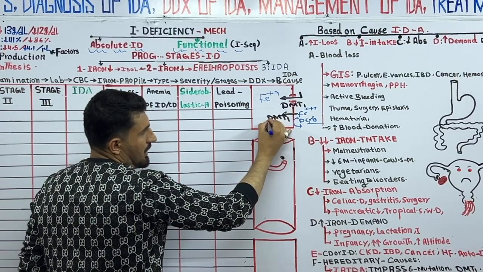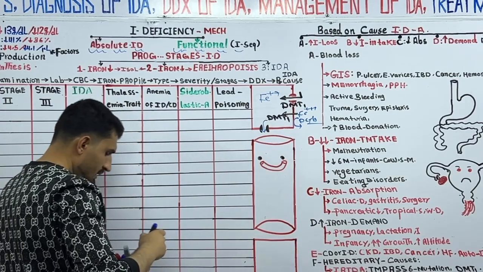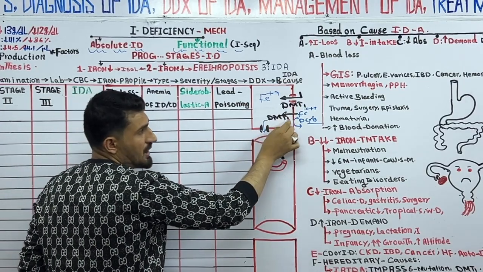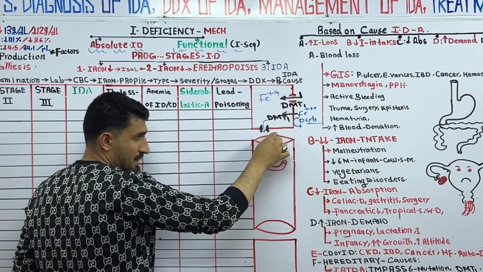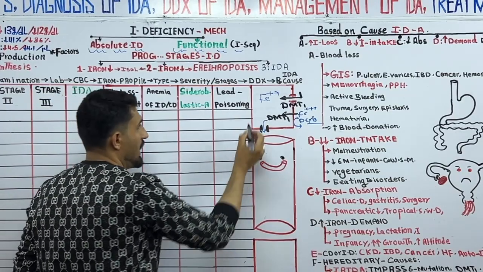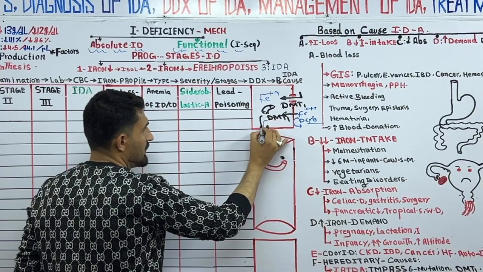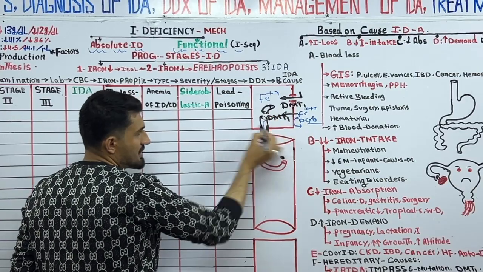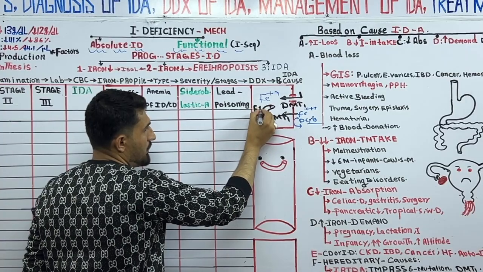Now I'll transport this iron to the blood, okay, but transportation of iron occurs from the apical side to the basolateral side by a protein called ferroportin. So this is a protein which transports iron from the apical side to the basolateral side, and this is called ferroportin, okay.